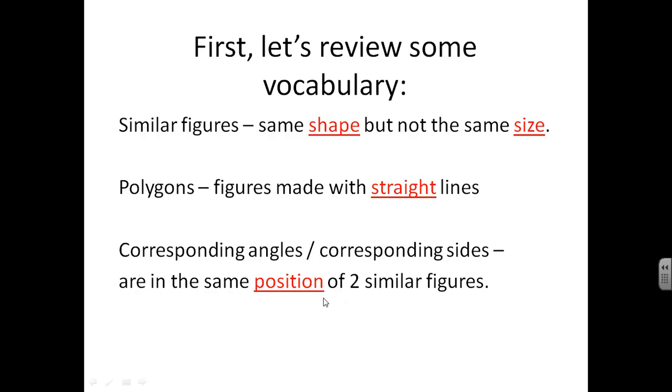First, let's review some vocabulary. Fill in your blanks. Similar figures have the same shape, but not the same size. One of them is larger than the other. Polygons are figures made with straight lines.